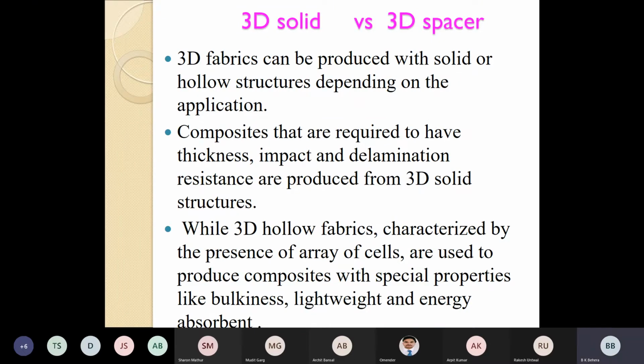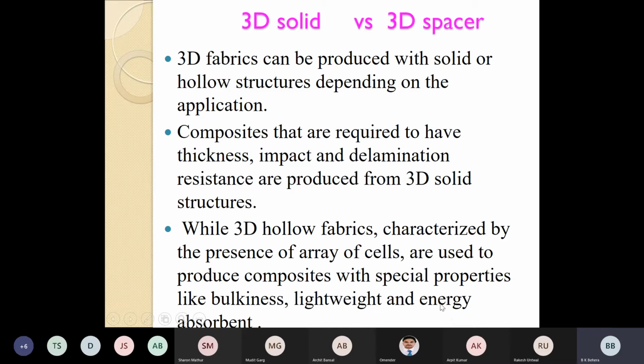This is how 3D spacer is different from 3D solid. In solid, thickness is criteria, impact resistance is criteria, delamination resistance is criteria. Whereas in 3D hollow or spacer, bulkiness is criteria, lightweight is the criteria, energy absorbent.